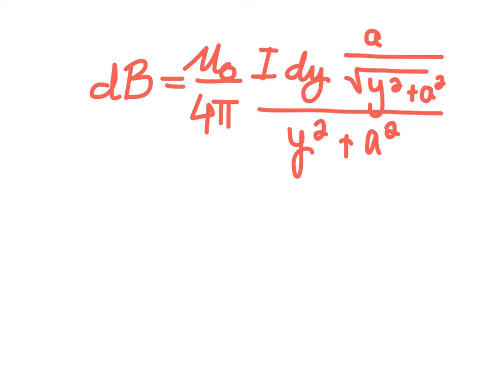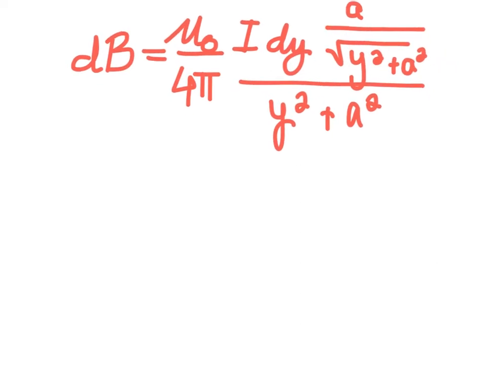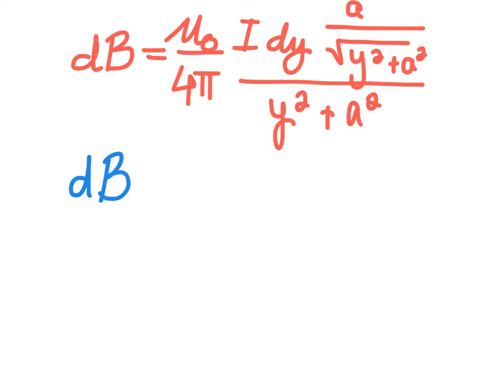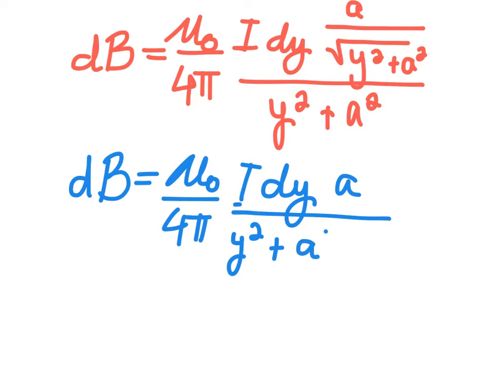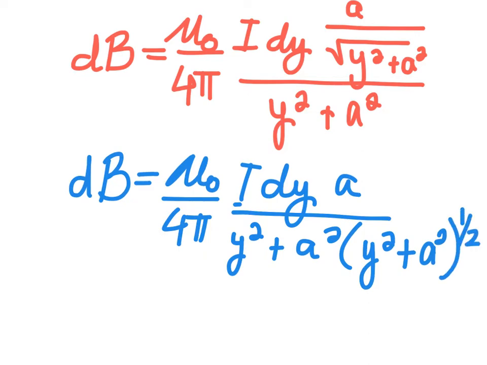Okay, so let's do a little simplification here. That would be y squared plus a squared times y squared plus a squared to the 1/2.